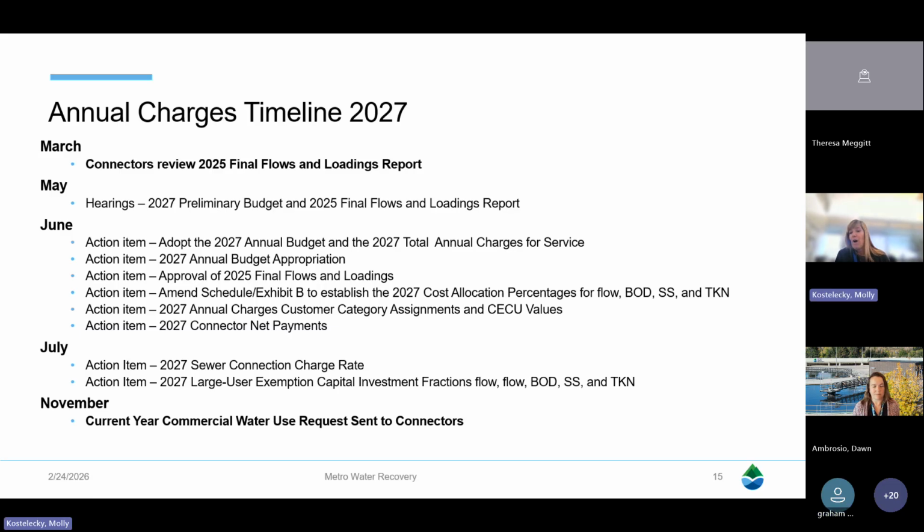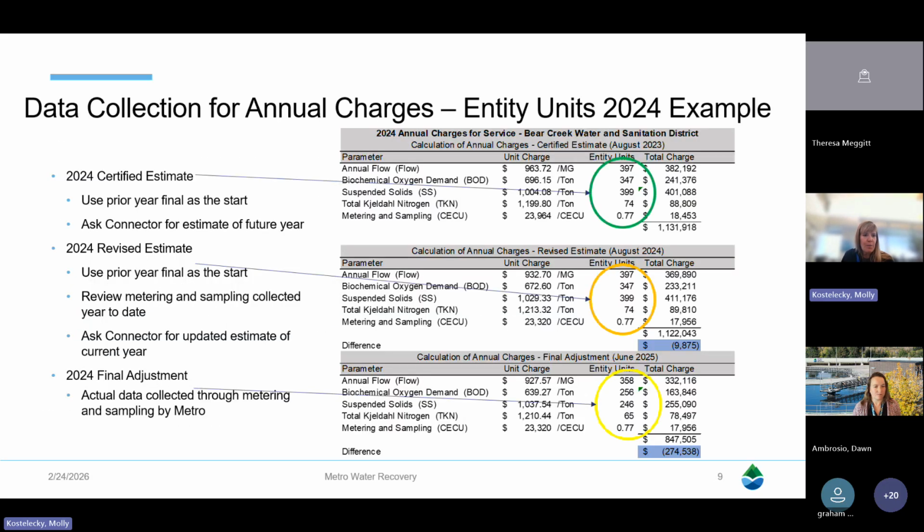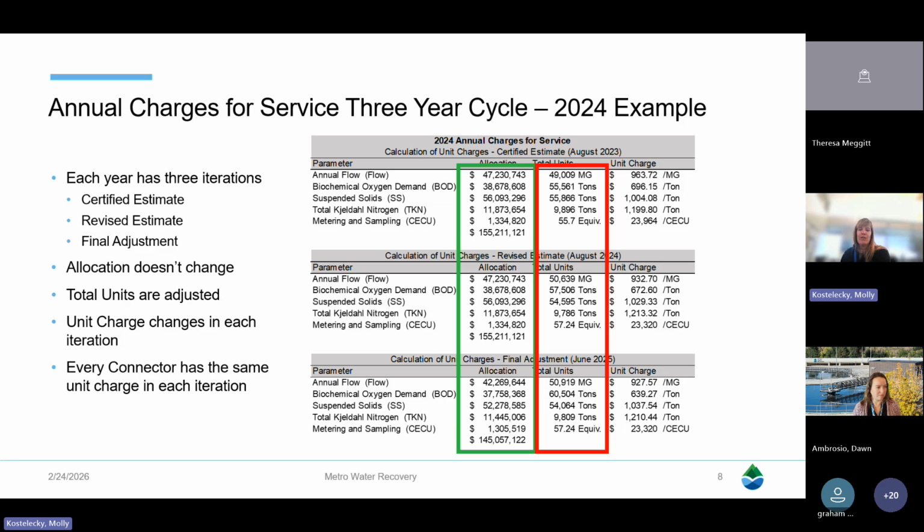No, because all we're doing is really establishing. If we go back to, say, the slide where you're seeing those unit charges, the unit charge is only going to be established one time every single year.